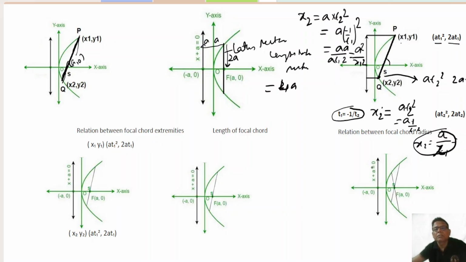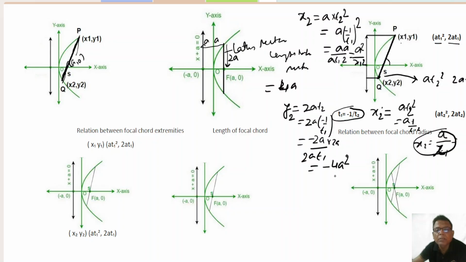Similarly, you can calculate y2, which is equal to 2a t2. 2a t2 means 2a into minus 1 by t1, so minus 2a by t1, multiplied by 2a and 2a, that is equal to minus 4a square divided by y1.